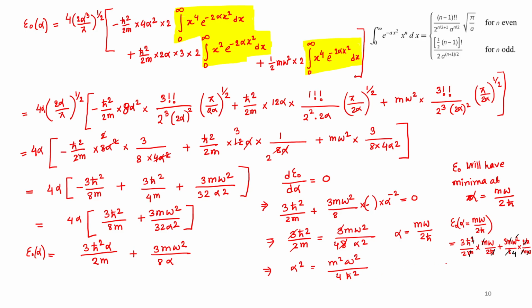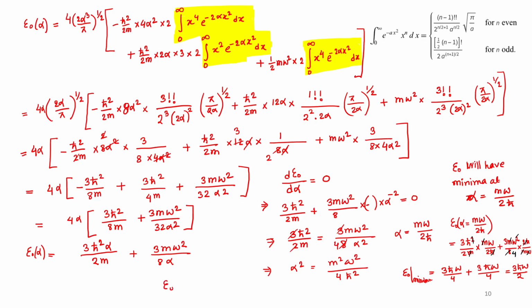So let's do 3 h square omega by 4 by the ratio of h square by 4 h square by 2. So really your epsilon 0 minimum comes out to be this.